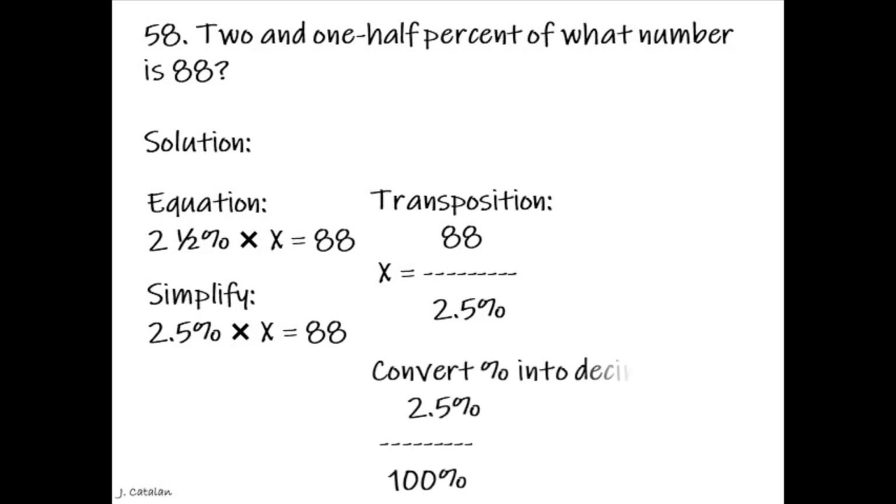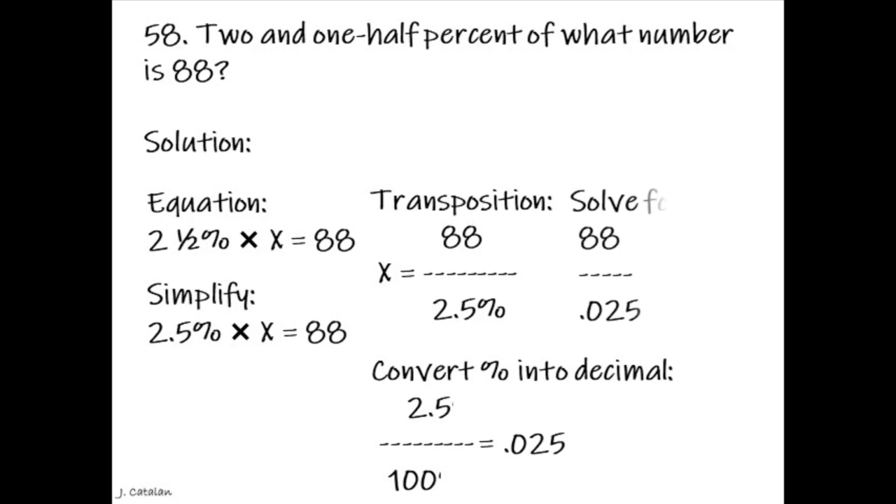Convert percent into decimal. 2.5% divided by 100%, crash out percent sign, then do the division process. The result is equals to 0.025. Solve for x. 88 divided by 0.025. X is equals to 3,520.